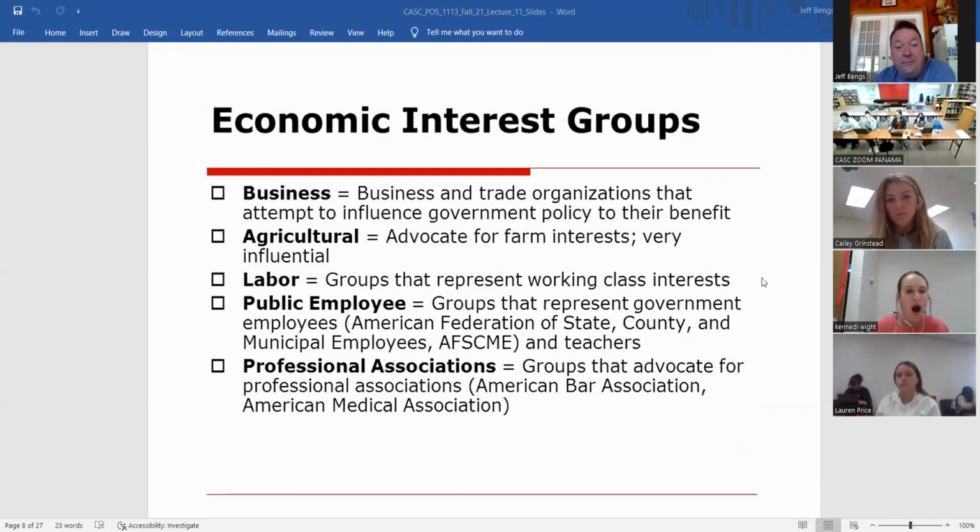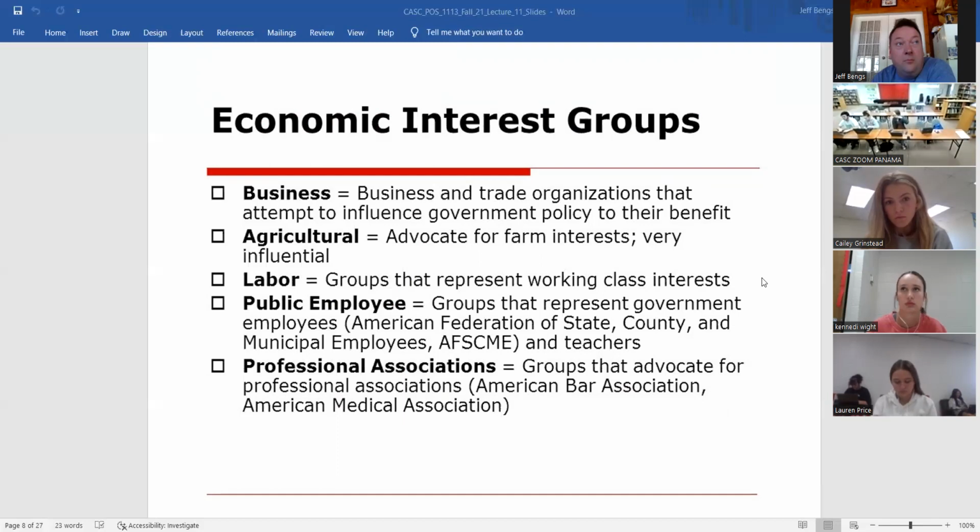Like you have groups that would be economic interest groups, like an interest group for businesses.